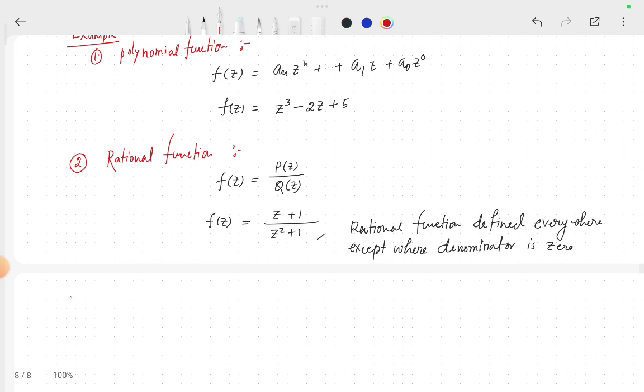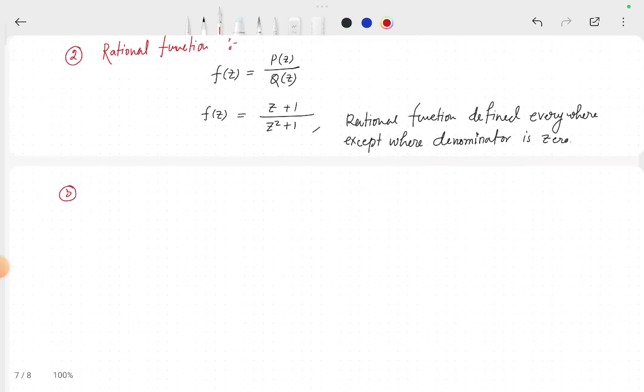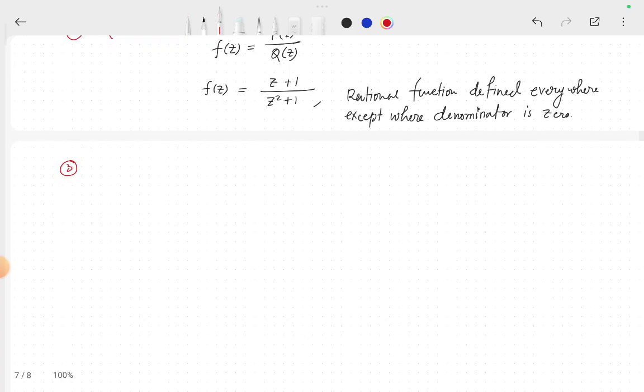Okay, let's say another example, exponential functions. We already know the exponential function is written as e to the power z, right? So this function is single valued, obviously.